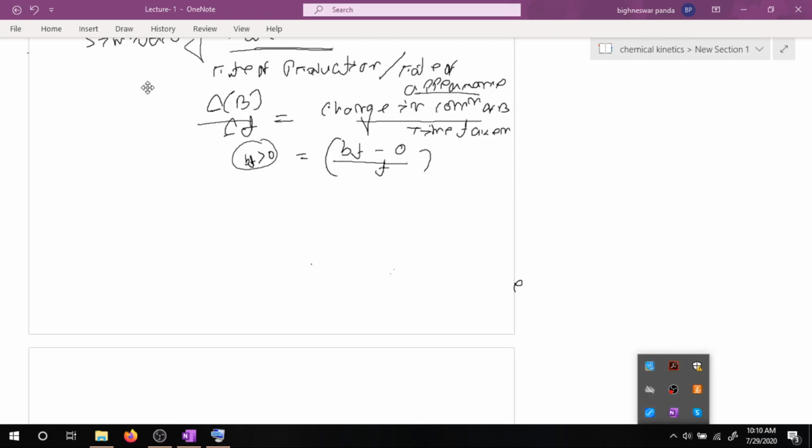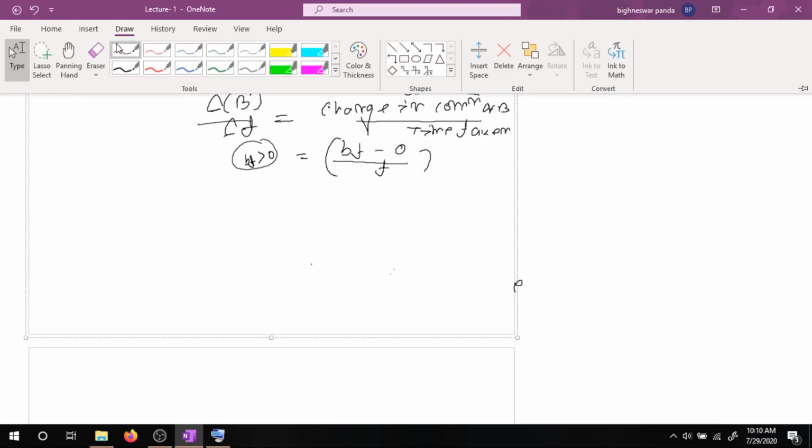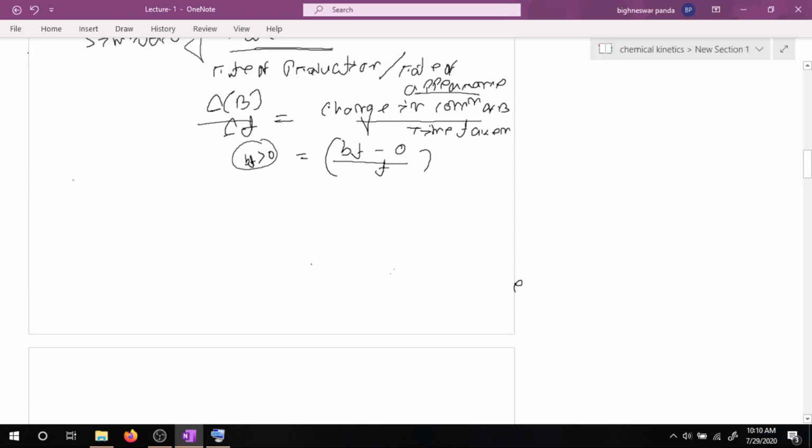In a similar way, I can explain the rate of any individual product. Let us consider a given rate of C. If C is a reactant, then I can write minus dC by dt.